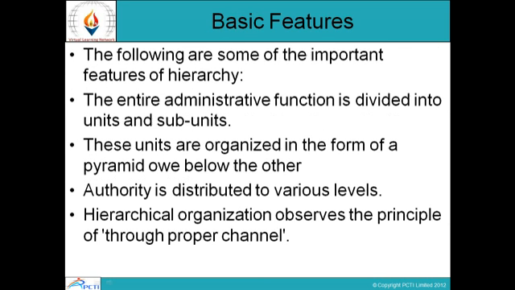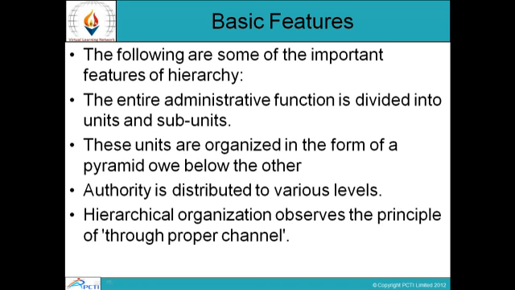Now, the basic features. The first feature of a hierarchy is that the entire administrative function is divided into units and subunits. The whole organization is divided because it's a proper structure that defines the units and subunits. These units are organized in the form of a pyramid, one below the other.